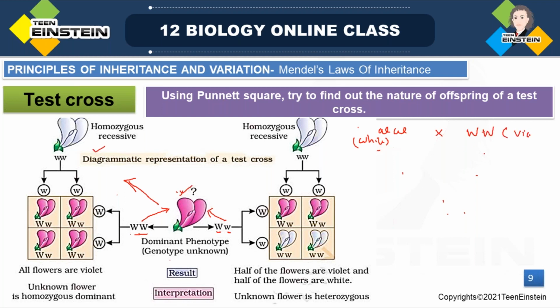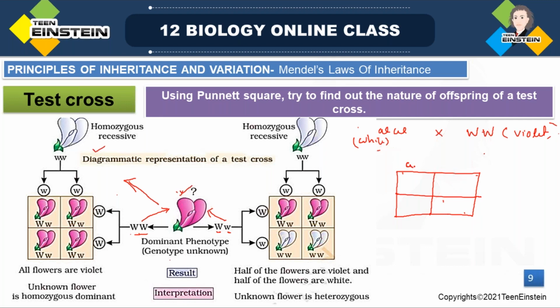With the help of a Punnett square, the checkerboard, we are going to explain.